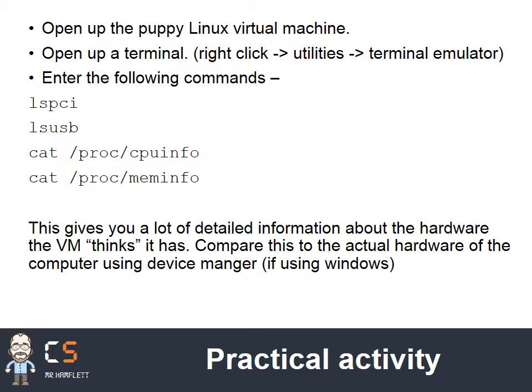So again, open up your Puppy Linux, have a little practical, and have a go at looking at what hardware is there. Now, these commands in Linux allow you to see a number of different parts of the hardware.